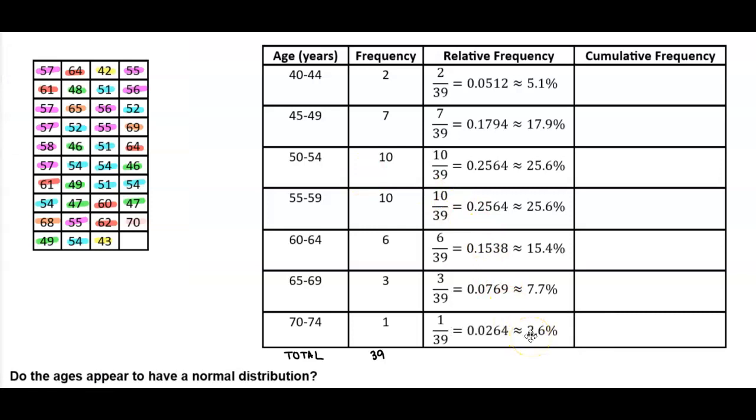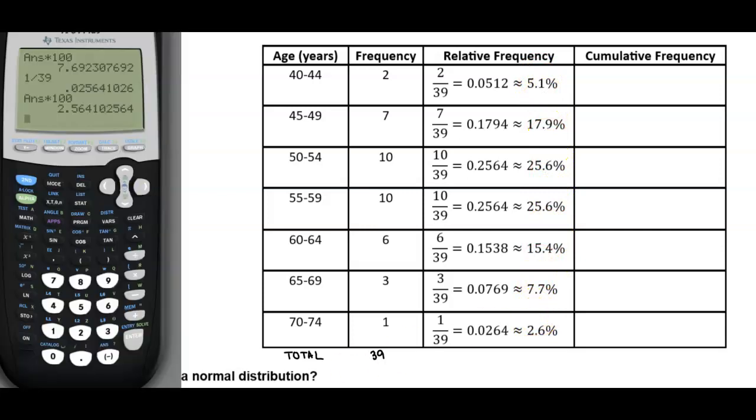Now, just to make sure that we're correct, let's go ahead and add all these percentages up. So we should get close to 100%. So we have 5.1 plus 17.9 plus 25.6 plus 25.6 plus 15.4 plus 7.7 plus 2.6, and that should give us approximately 100%.